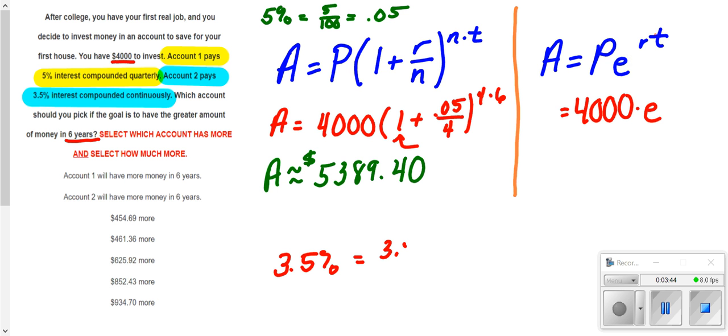means 3.5 per 100. So I'm talking about 0.035 as being my rate as a decimal, and my time was 6. So in this problem, you might be able to just type this all in, but bear in mind that you need to be careful that all of this is an exponent. Okay, so let's see if we can manage that.